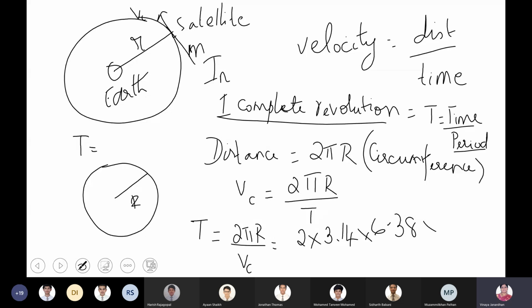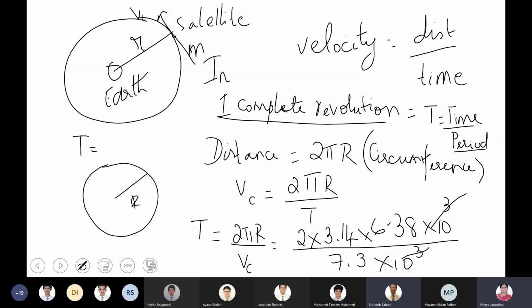If you want, you can make it 6.4, times 10 to the power 3 kilometers, divided by your vc, which was 7.3, I'll just write it as 7.3 times 10 to the power of 3. Correct? It will be in seconds.